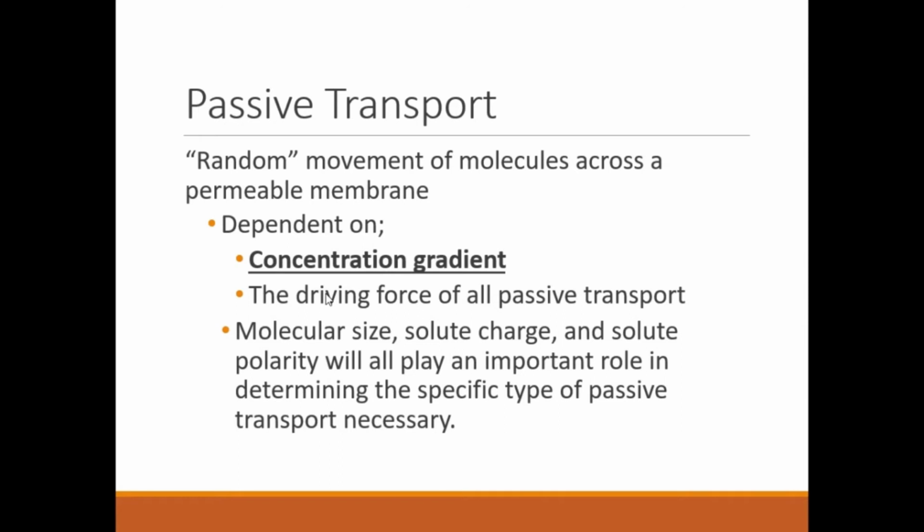Now, does that mean that at any given time, some are going left, some are going right? Absolutely. It is random. But that is going to be the premise of any passive transport.